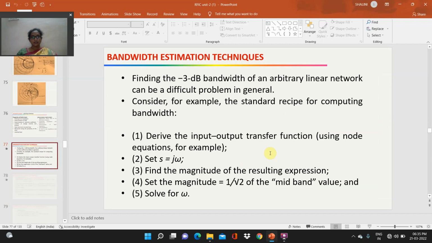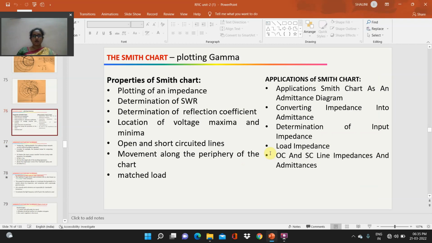What are the properties of Smith chart and what are the applications of Smith chart? The properties of Smith chart: plotting of an impedance, determination of SWR, determination of reflection coefficient, location of voltage maxima and minima, open and short circuited lines, movement along the periphery of the chart, and last one, matched load.